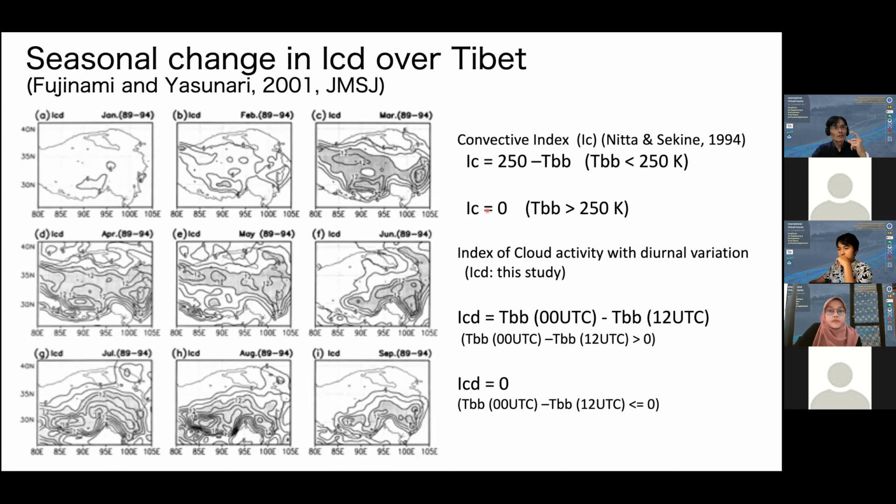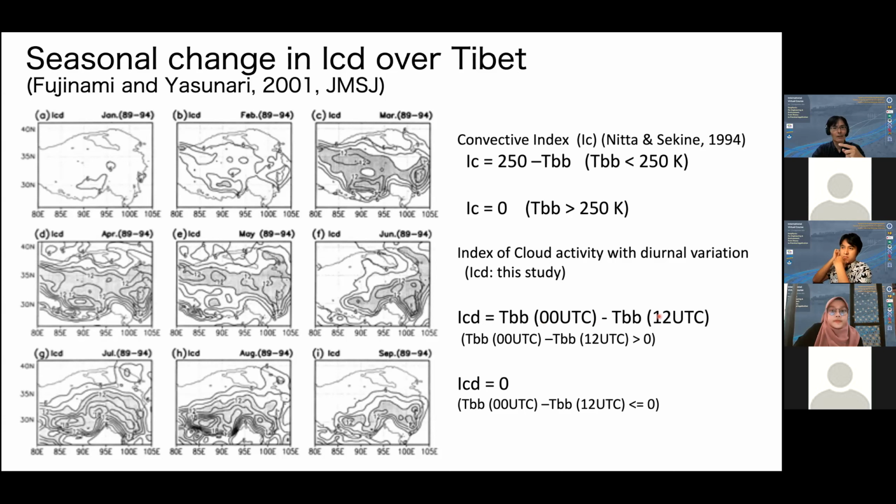So in the Fujinami and Yasunari 2001 case, they modified this original convective index. ICD is the TBB at 00 UTC minus the TBB at 12 UTC, to take into account the diurnal variability, the day and night variability of convections.